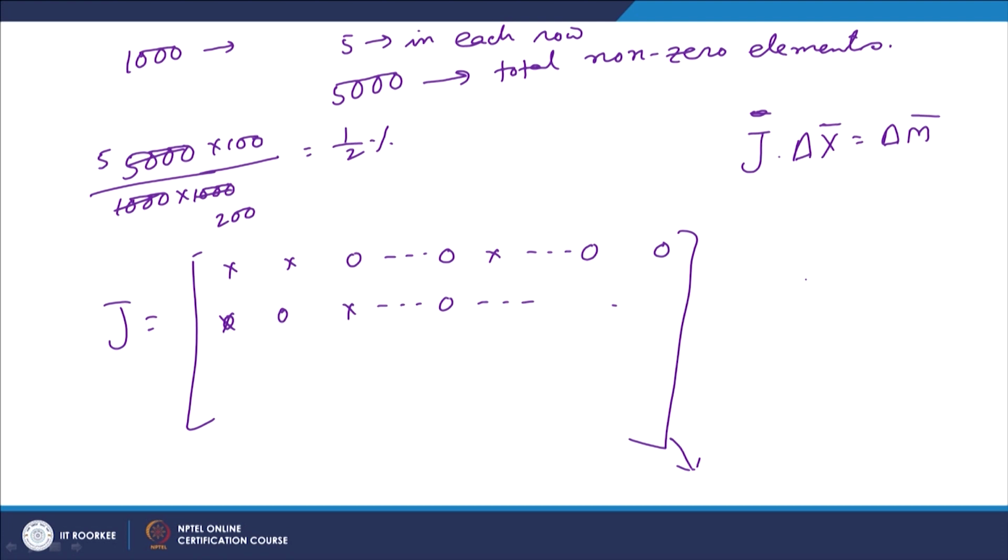Rather, this set of linear equations is solved by some other method, right. In this course, for the next couple of lectures or more, we will be looking at some methods of solving a set of linear equations without involving the inverse of this Jacobian matrix, and where we can also exploit the sparsity of these equations.